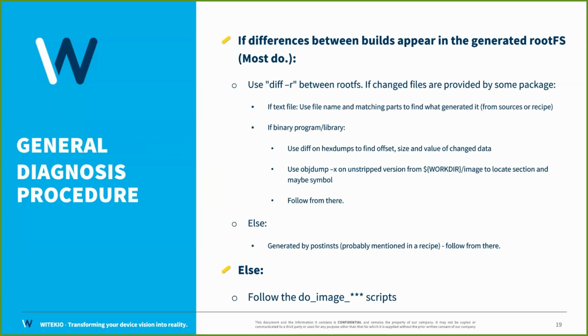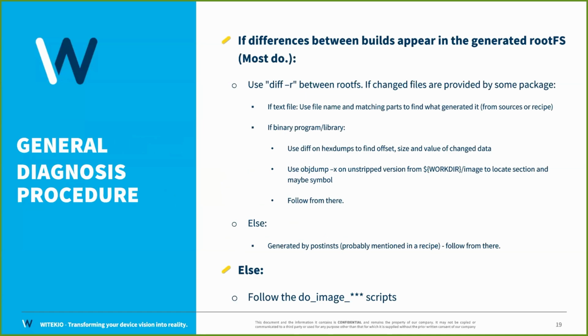Okay. For this last tip, I would like to present to you the global, high-level way I use to find what introduces non-reproducibility, not to fix it, but to locate it.